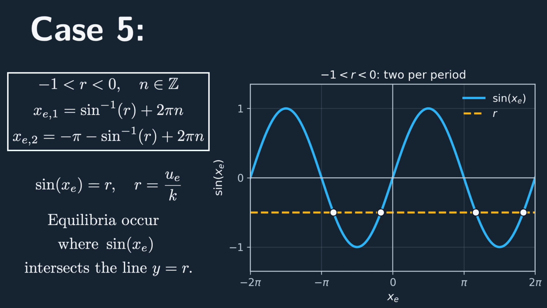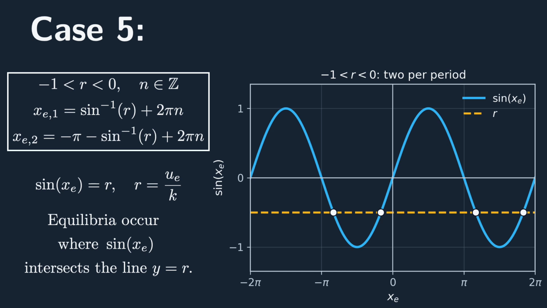So starting from minus pi and moving forward by that amount gives xe equals minus pi minus sine inverse r. To describe all repeating solutions, we add 2 pi n to each one. The full solution set consists of two families, xe equals sine inverse r plus 2 pi n, and xe equals minus pi minus sine inverse r plus 2 pi n, where n is an integer.